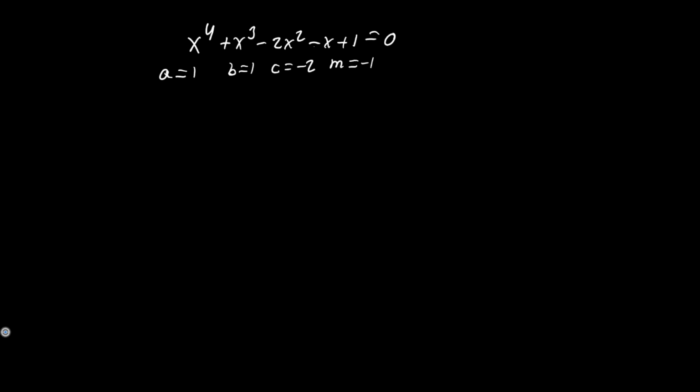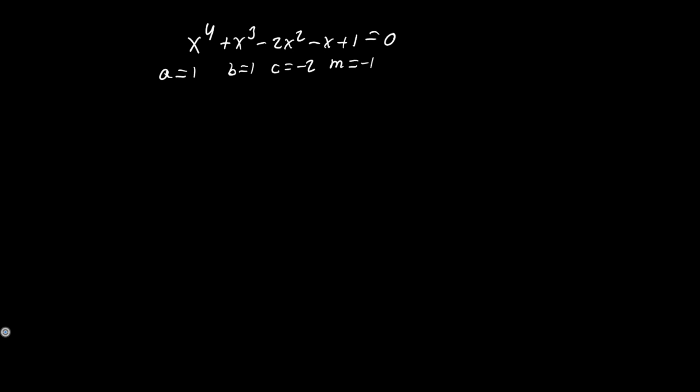Because the x term is simply bmx, and of course 1 times negative 1 gives negative 1, and the x is in the front, so we have negative x. And negative 1 squared is simply 1 times 1, which is again 1. So we have a symmetric quartic here.